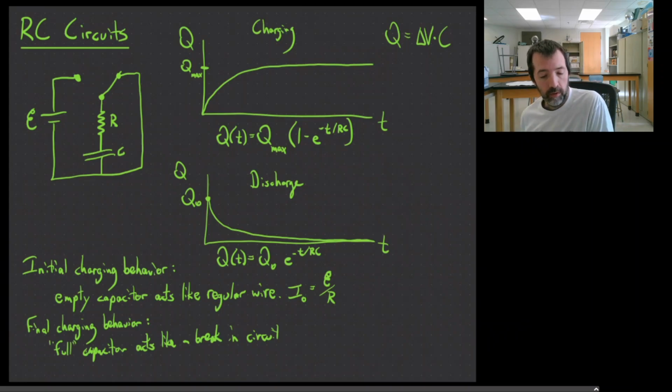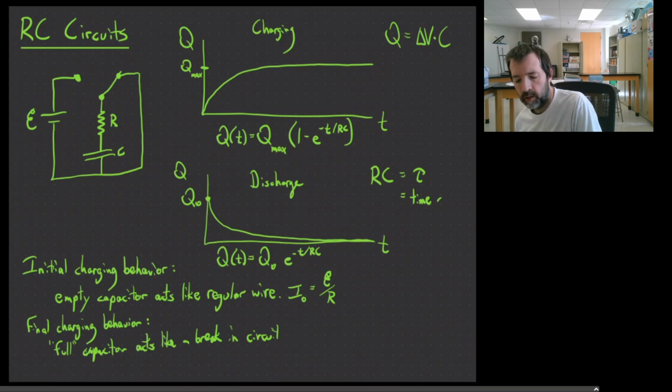And the stuff is of some interest. There's a little t divided by RC. So the R and the C, sometimes people will write a tau instead.